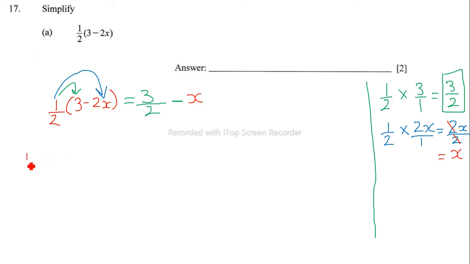Call this one B. Let's say we have a third multiplied by 4 minus 3x. What would your answer be?